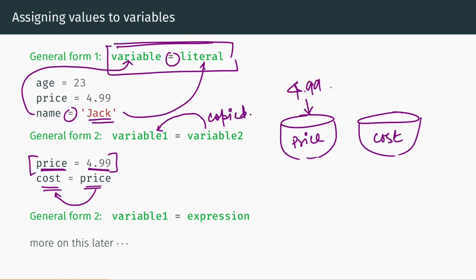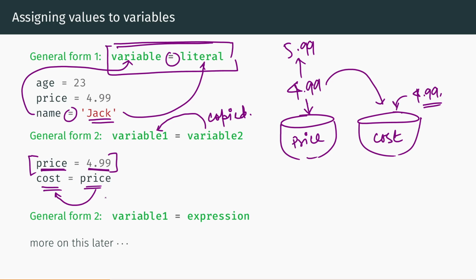So the value of price is copied into cost, and cost will also have 4.99. Cost is a different cup, by the way. So if the price goes up, let's say to 5.99, that does not change the value of the cost. It still remains 4.99.